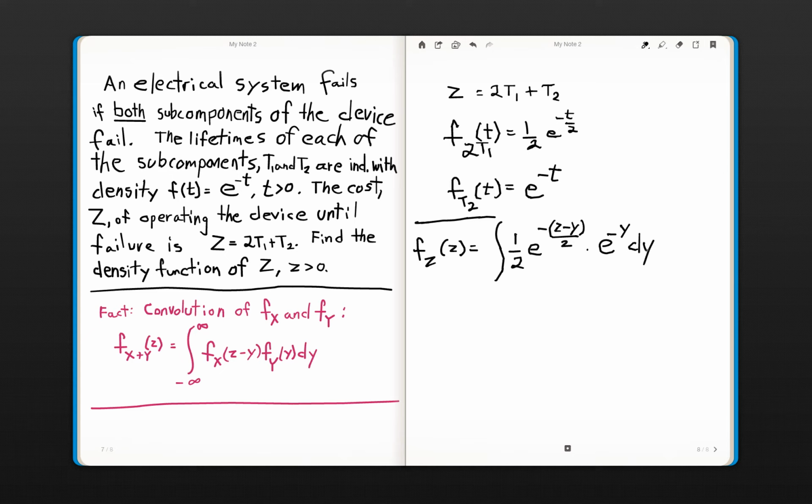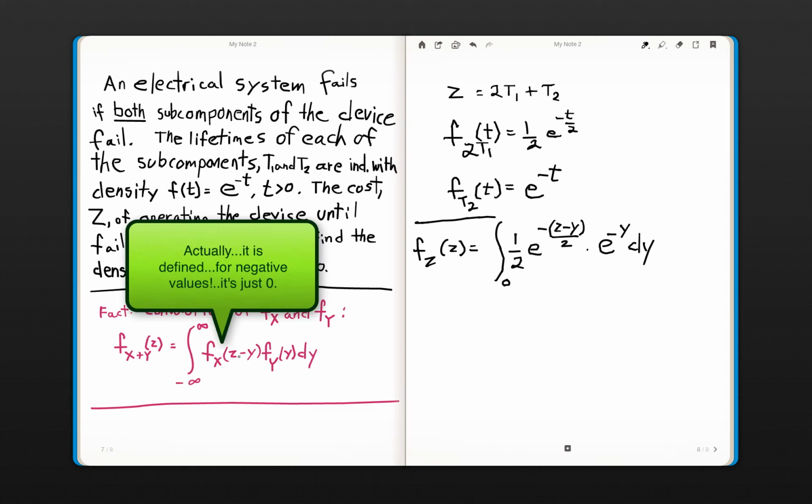We need to understand what our limits on y are. Y is a random variable which can only be positive, or at least non-negative, so the lowest it can go is 0. The highest it can go is z. We can see that very clearly here: y cannot be larger than z, otherwise this is negative, and the density is not defined for a negative random variable.